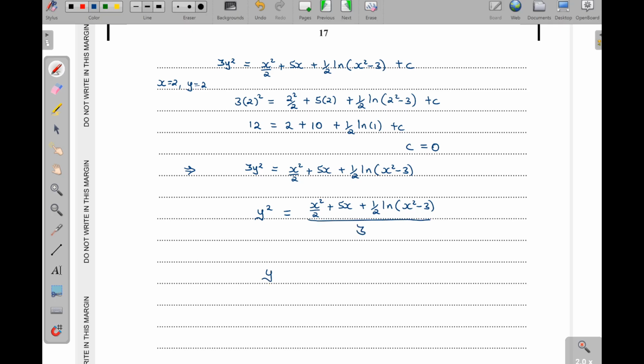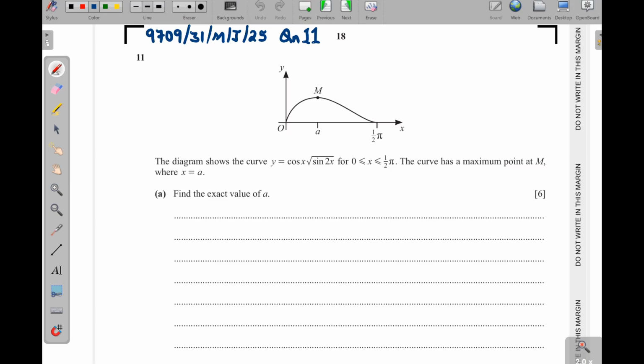And then I can say y squared is going to be equal to x squared over 6, then plus 5x over 3, then plus 1 over 6, then natural log of x squared minus 3 as our final answer. Question 11, part A, is coming from differentiation.